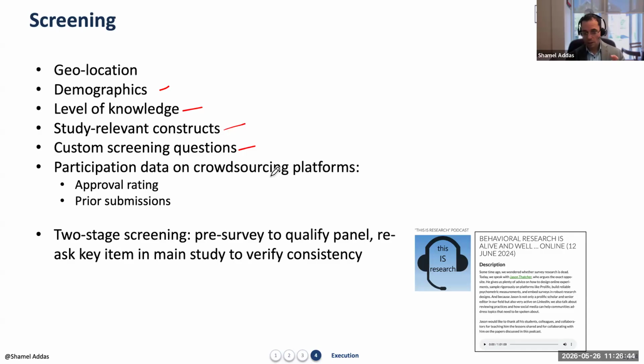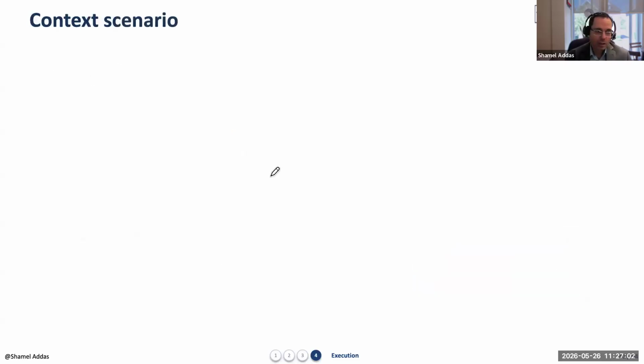They asked a question to pre-screen, and then in the main study, after a few weeks, when they invited the selected participants, they asked that same question within a bunch of other questions to verify consistency. That's a clever technique where you can also increase the confidence in the results.